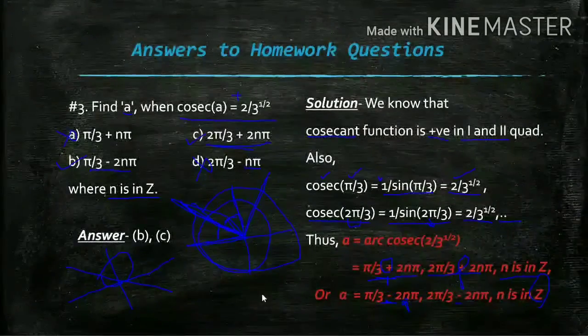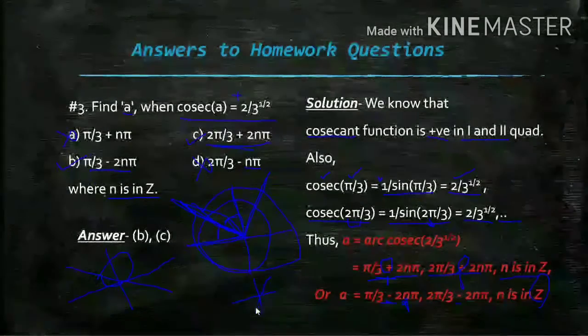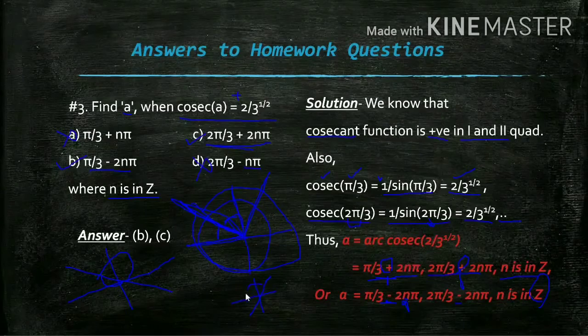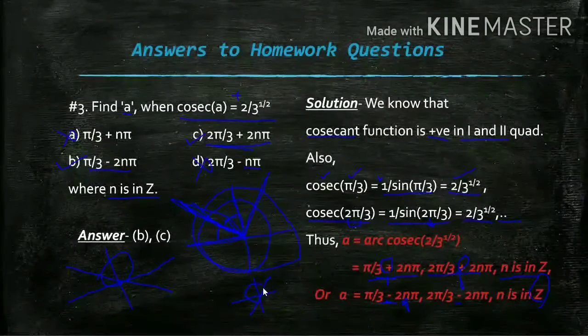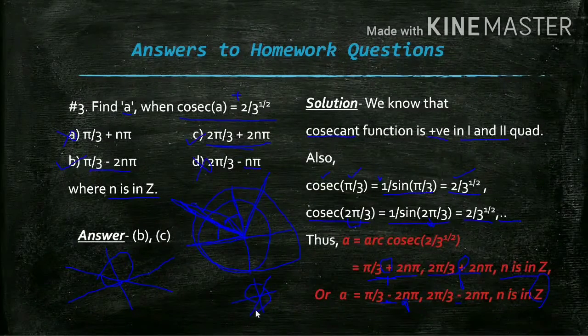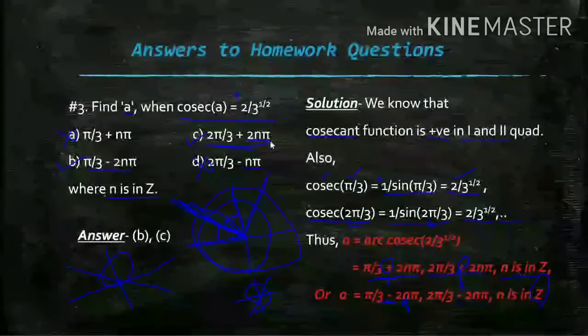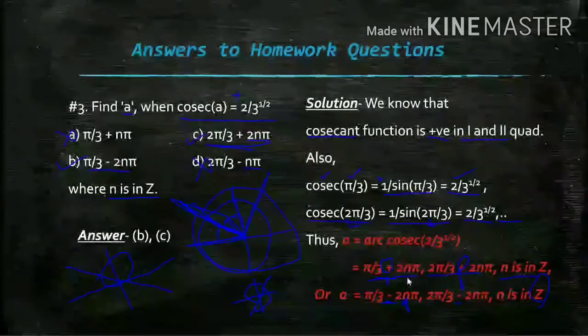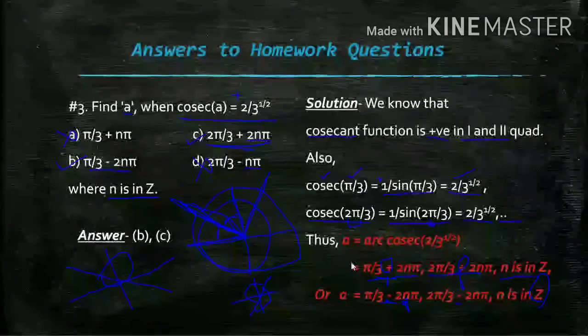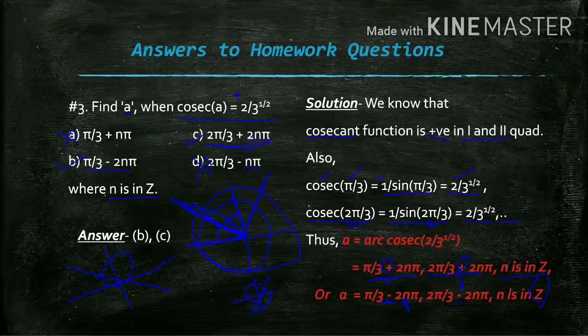So then we write n pi in these types of situations. When the angles we need to find lie in the opposite quadrant, then we use this n pi. Otherwise, we use just 2n pi, right? Angles like here we did. So I hope you are clear with this question as well.